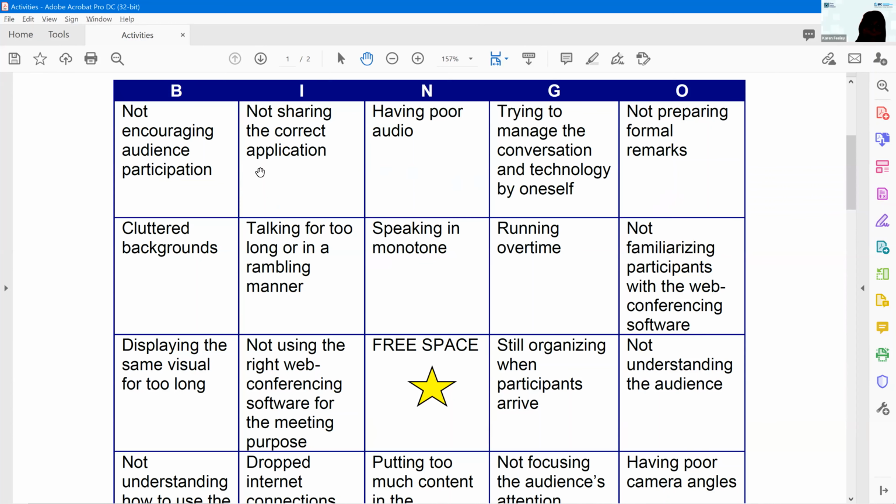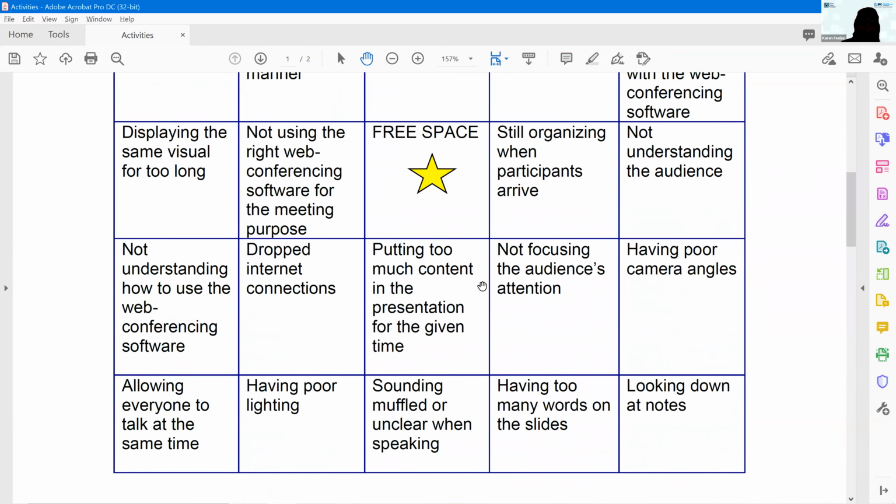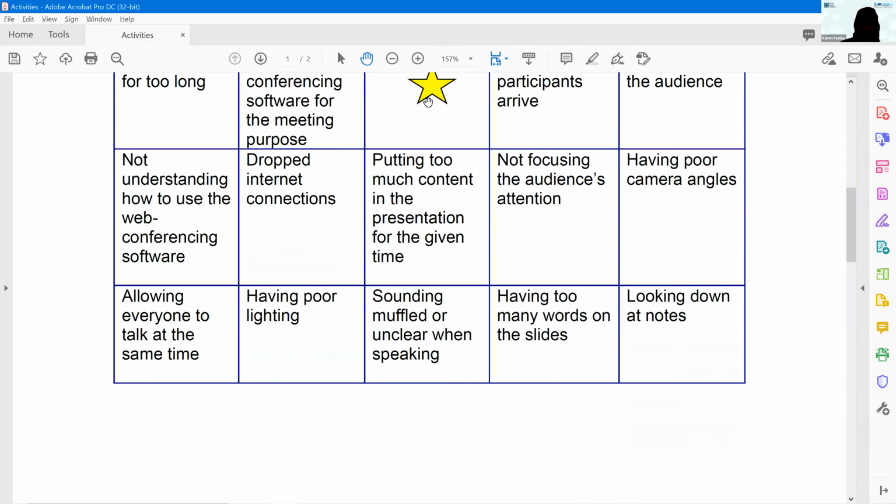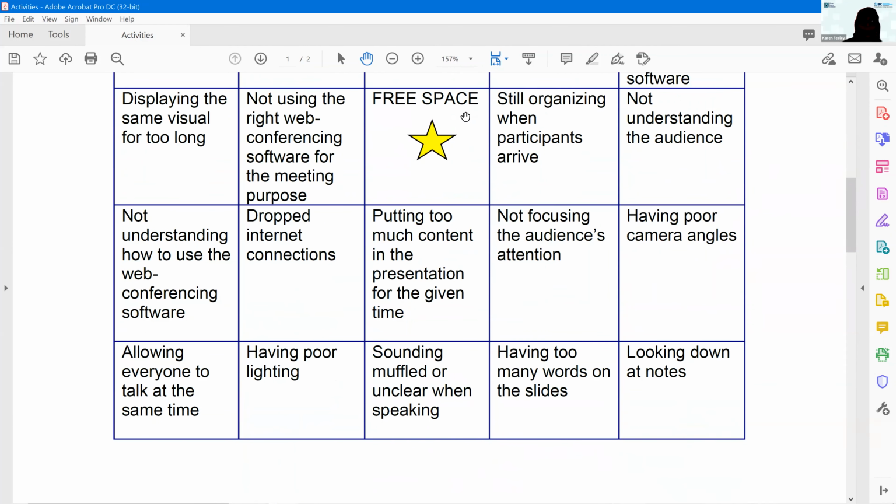But what's going to happen is you'll probably get 2 here and 1 here, so it's going to take you a good chunk of this webinar to get through this whole game. The middle is a free space, which means you don't have to do anything. So if you're going diagonal, you really only need to get 4, because this one counts for everyone. If you go through the middle, you don't need to fill anything in here.